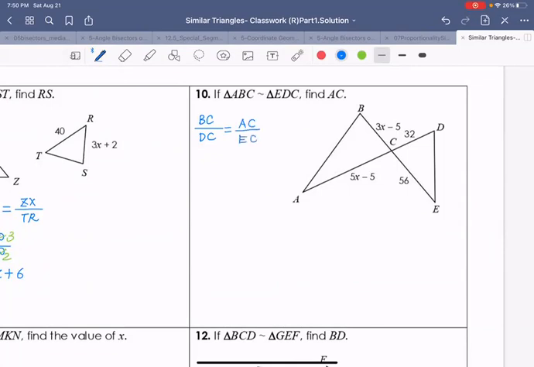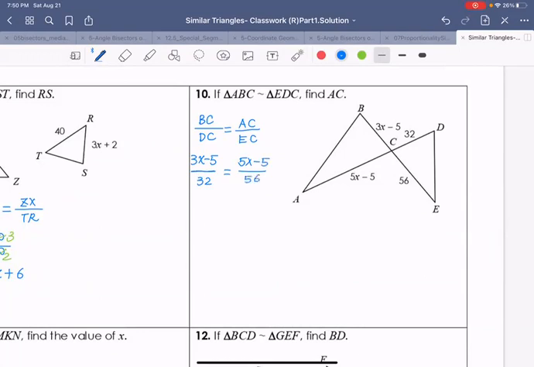Yeah, let's go ahead, plug in. 3x minus 5 over 32 equals 5x minus 5 over 56.